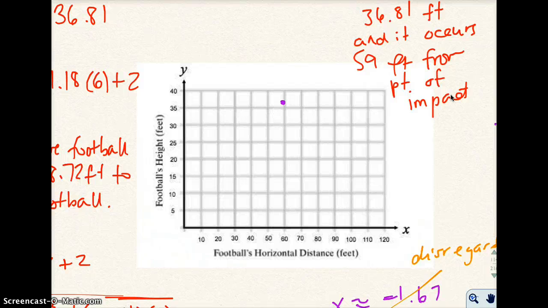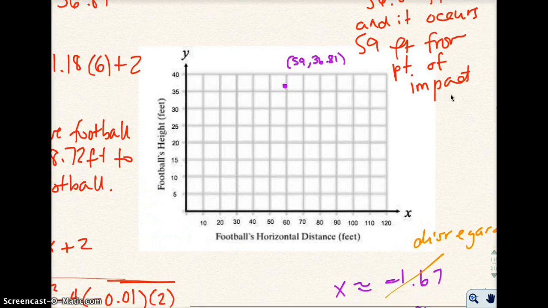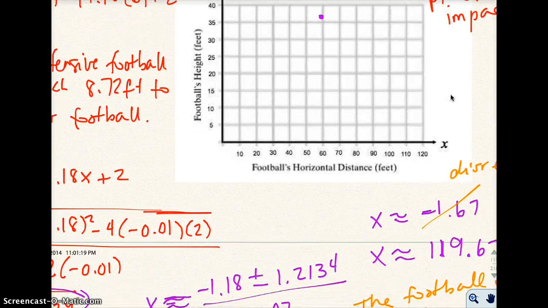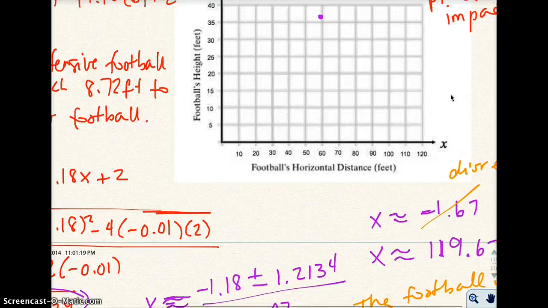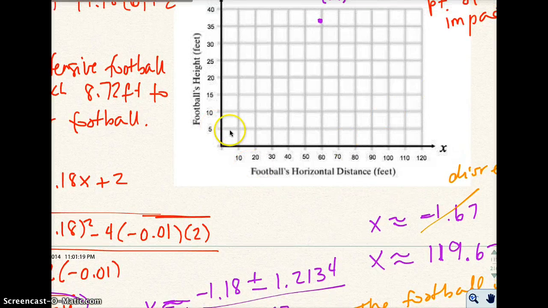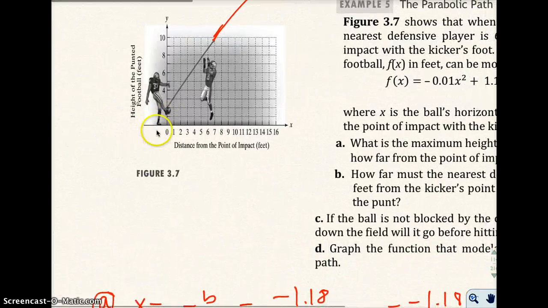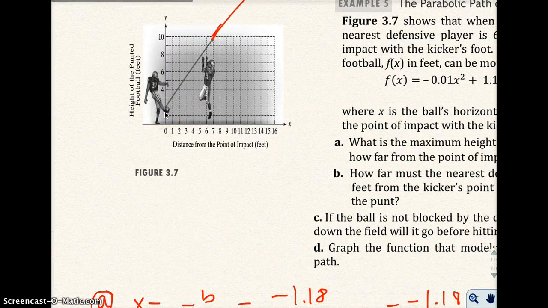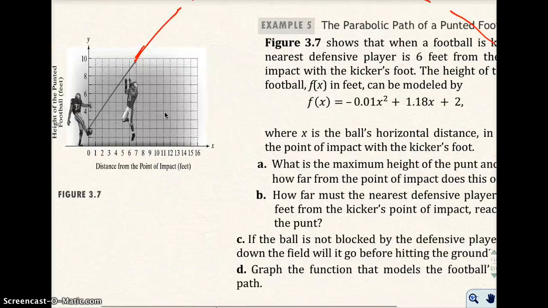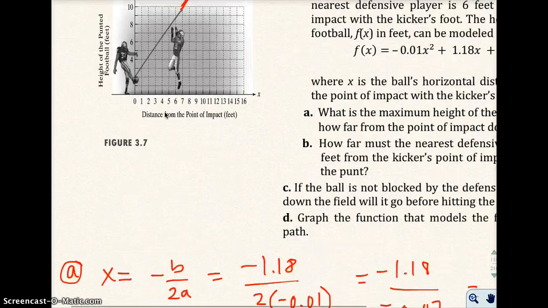I'm going to label that as 59, 36.81. Okay. We know that, and actually what we probably want to do is find the y-intercept. We want to know where it is right here. And we actually know that because it showed right here. Right here is at 6, I believe, or 2, I believe. We'll go ahead and figure that out anyway.